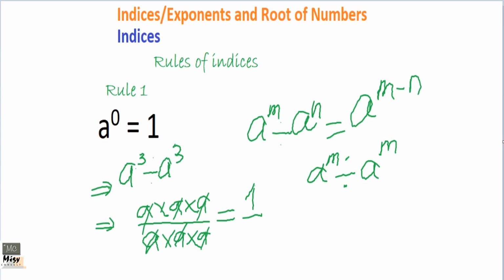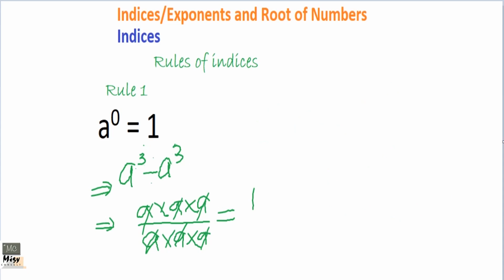So we get a raised to the power m minus m, which is the same as a raised to the power 0, which was the same as 1, because here m is 3 and m is 3, it's the same thing. Do we get it? So let's take this again. We're going to take this back again.